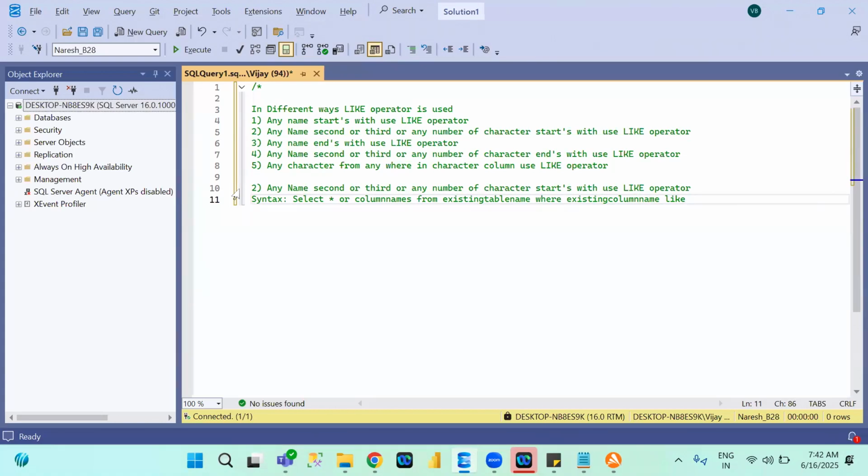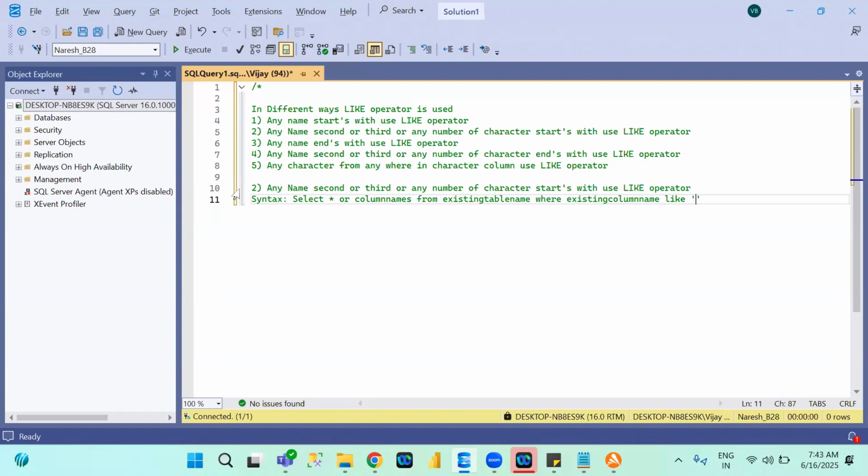After that, inside the single quotes, if it is the second character, then for the first character you have to put an underscore. If it is the third character, then before that character you have to put two underscores.